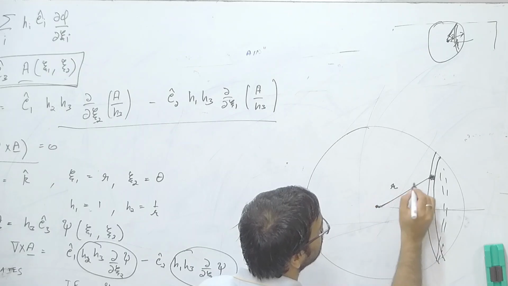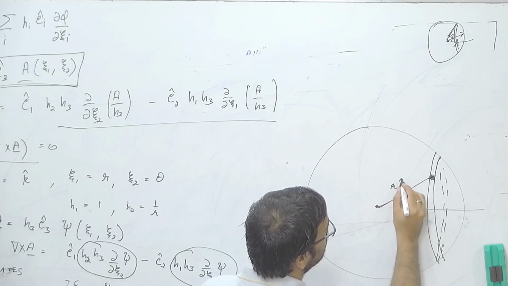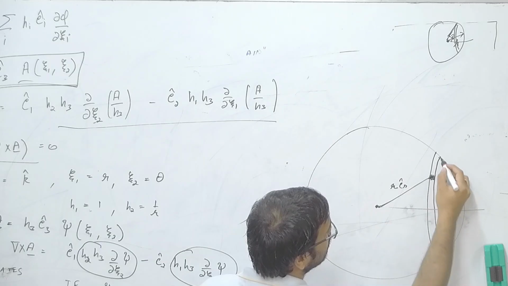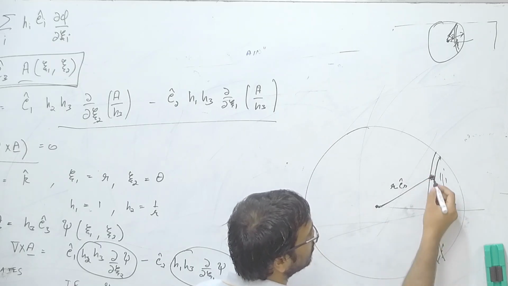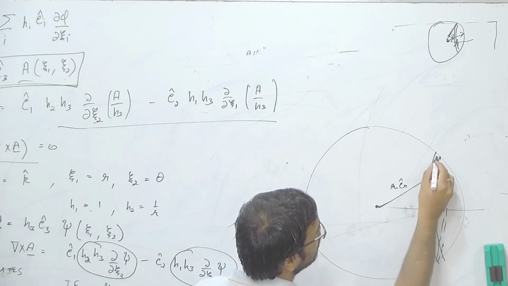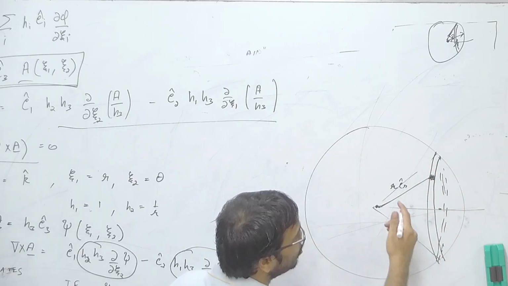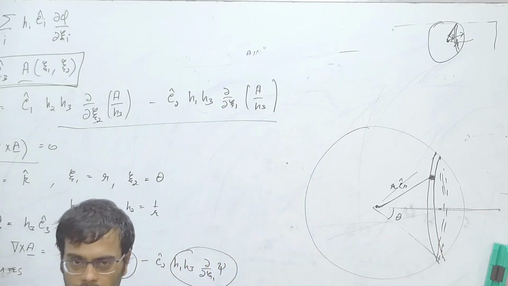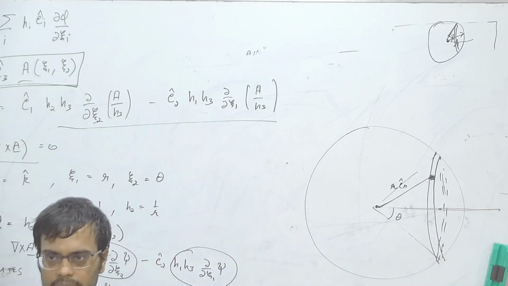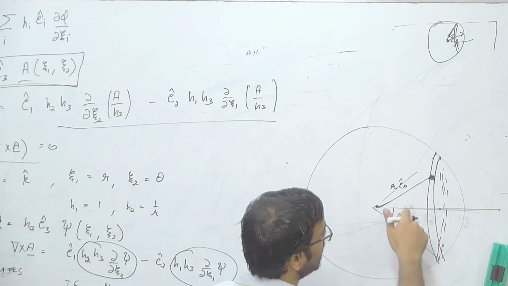So let us say this is r e hat r, and then you have to also tell which ring you are on. The ring forms a cone of an angle theta with this axis. This could be any axis; here it is the x axis. It forms an angle theta.